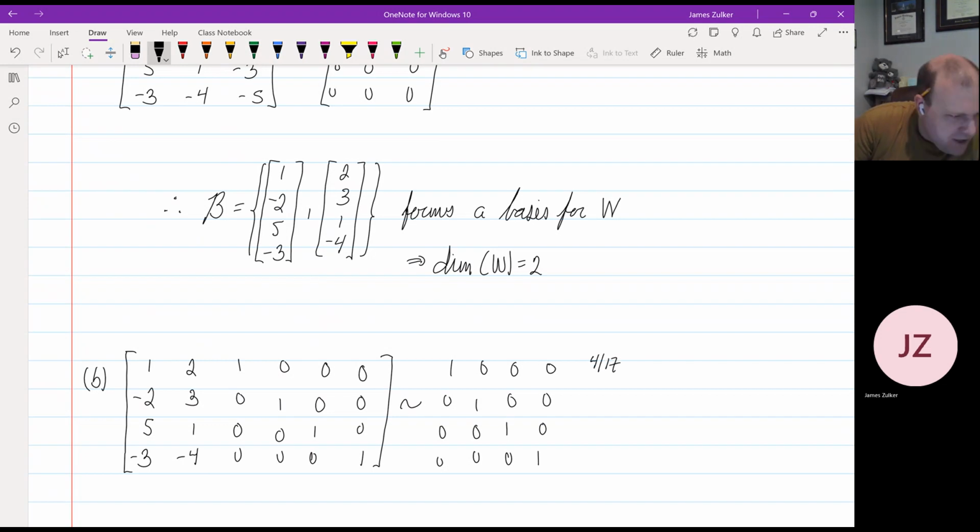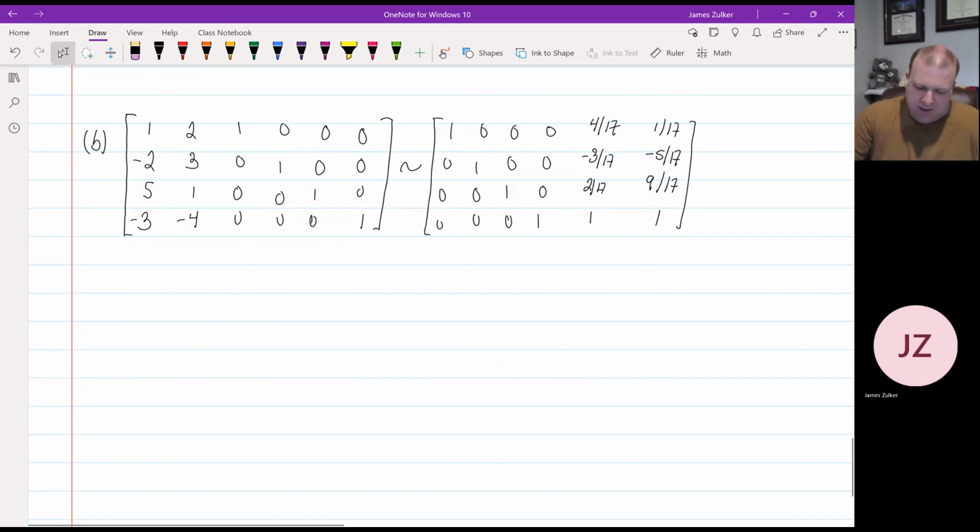Honestly, it doesn't matter what we get over here, because we can see that the first 4 columns have leading ones.